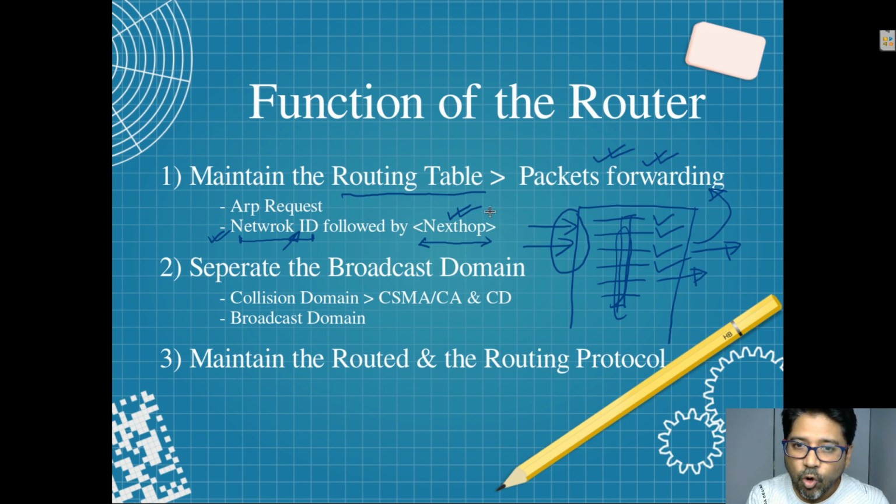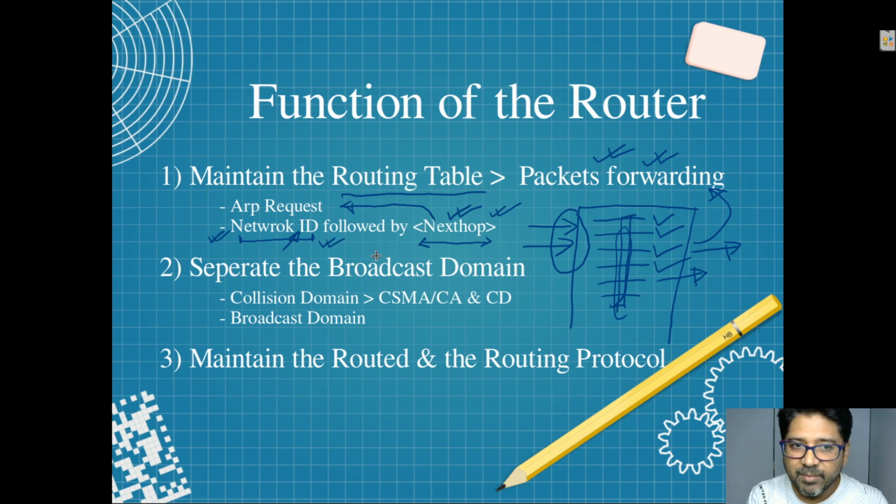And if the next hop is reachable, it means this network is reachable, and the packet is going to be forwarded to the next hop. So the next hop needs ARP resolution, then only it's going to be installed in your routing table.